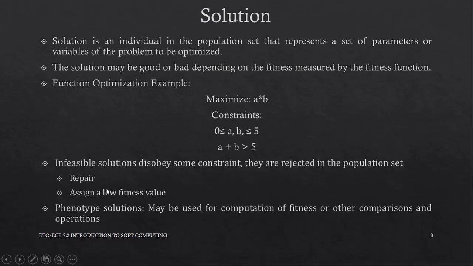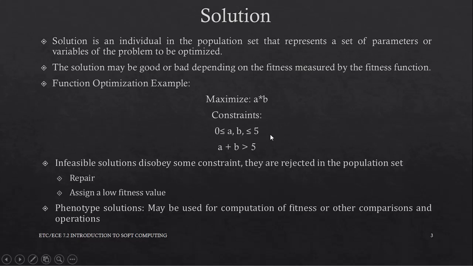Another possibility for dealing with infeasible solutions is to assign them a very low fitness value. So according to the survival of the fittest, it may be assumed that they would die out with the passage of time. In this problem, the solution, say 2, 10 is infeasible because it does not obey the constraint that A and B should lie in between 0 and 5.